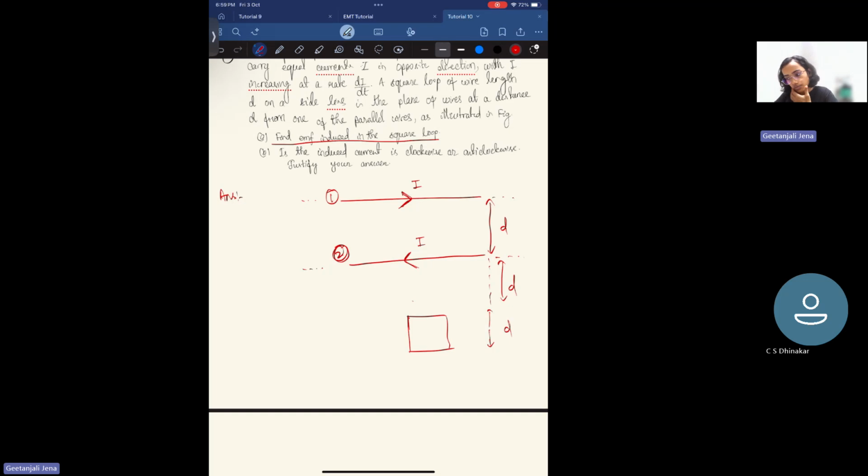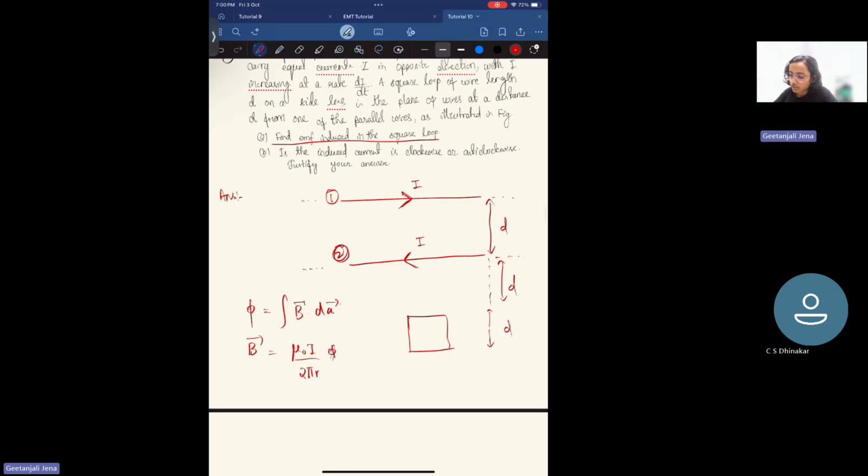And this flux, if you see, the current is in the opposite direction. That means the flux direction is opposite. So the general definition of flux is B dot dA, and B for an infinitely long wire is mu naught I by 2 pi r, pointing in the k direction.